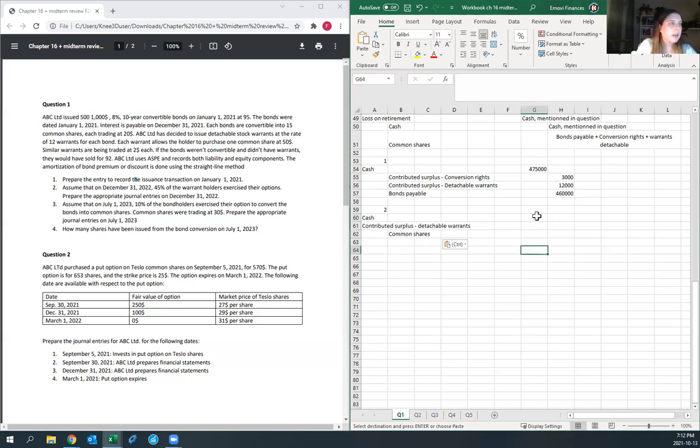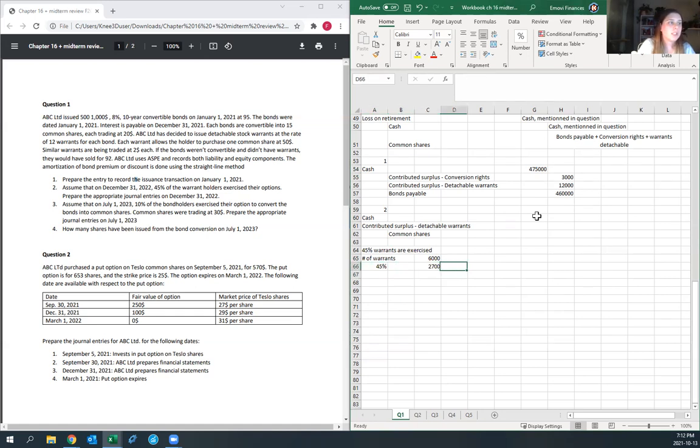I'm going to put here the detailed calculation because I think it's going to be easier. So 45% of warrants are exercised. First you want to find the number of warrants for that debt. So we have 500 bonds times 12 warrants per bond. That gives us 6,000 warrants. Then 45% of that is 2,700.